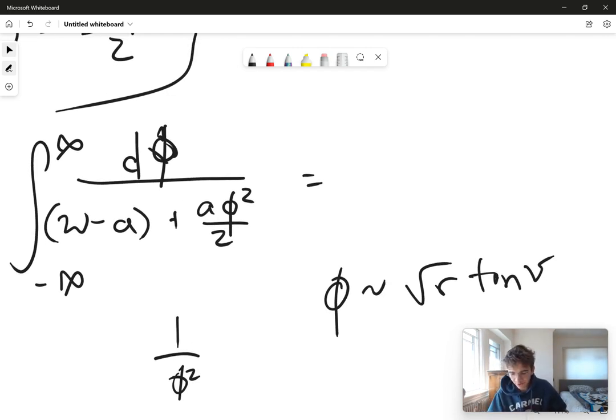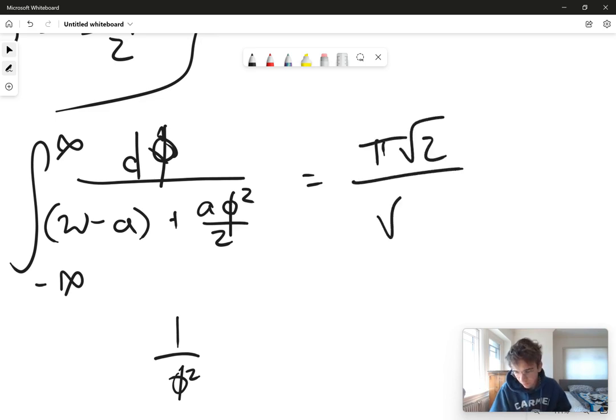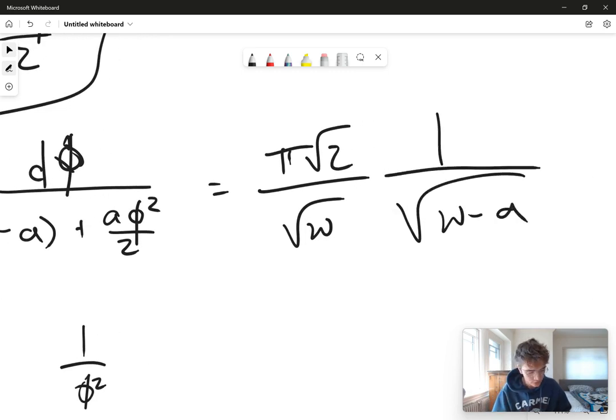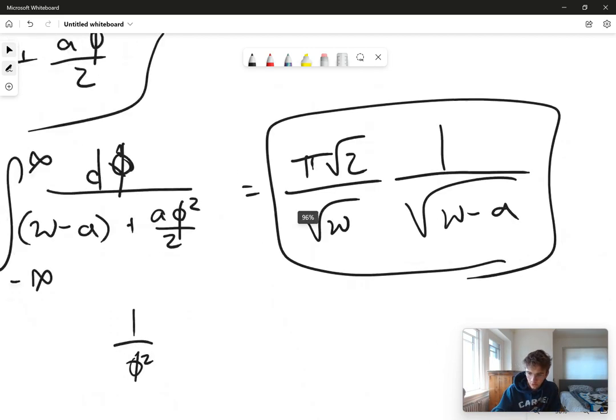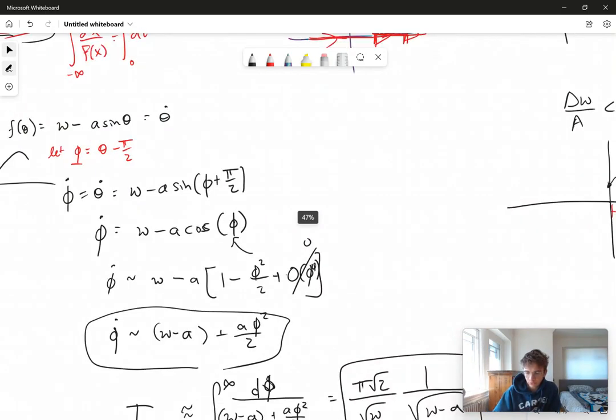I'm going to do a Calc 3 series some other time, but this is not the time for that. So skipping forward, we just have pi over root 2 over root omega, times 1 over root omega minus a. All right, and this is the approximation for the time spent in our bottleneck. Okay, so hope that was helpful.